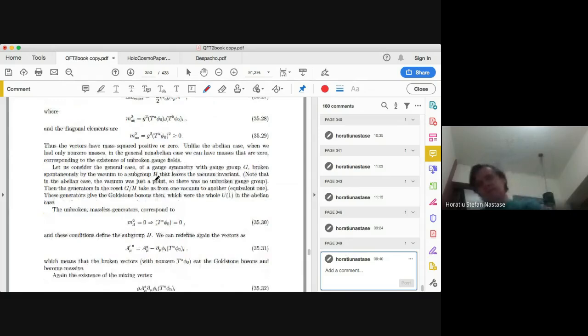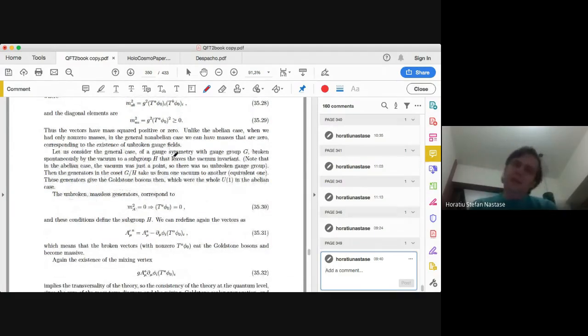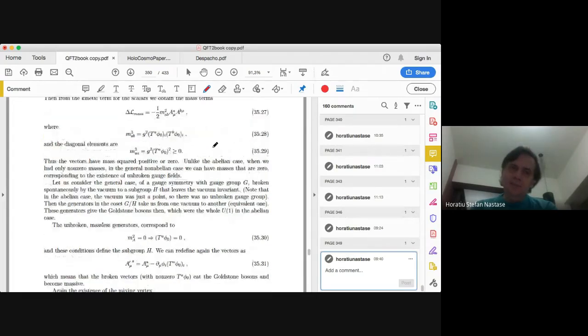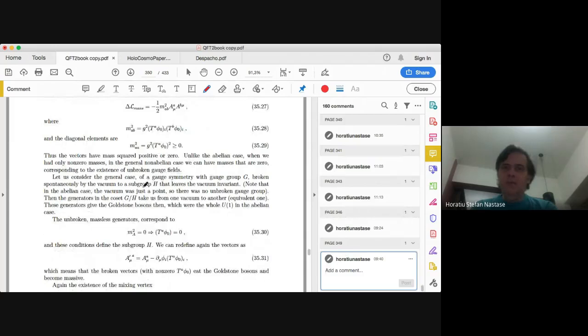All right, so let's understand this better theoretically. We have a gauge symmetry for a gauge group G that is broken spontaneously by this vacuum phi 0 to a subgroup H that leaves the vacuum invariant.